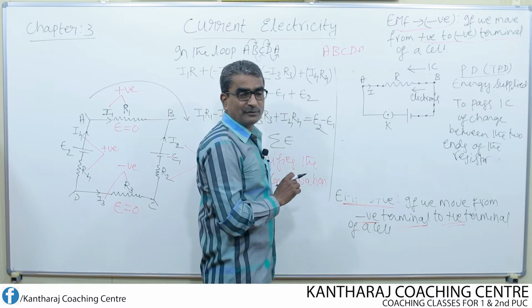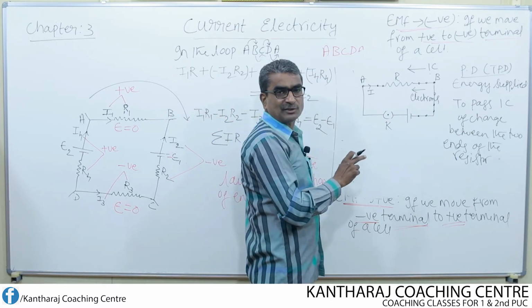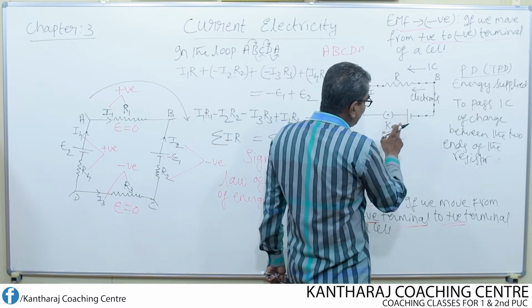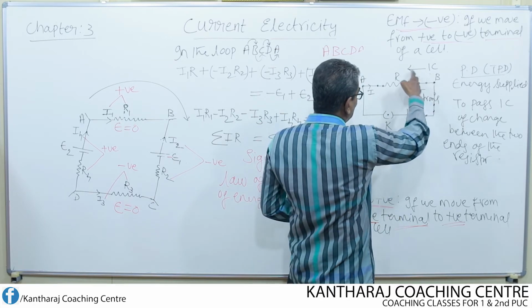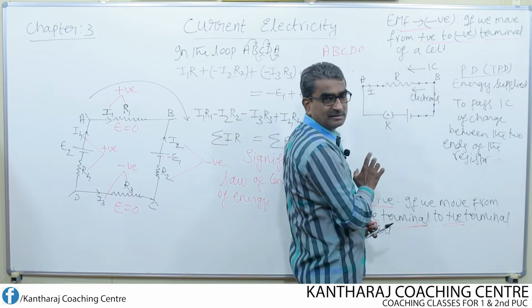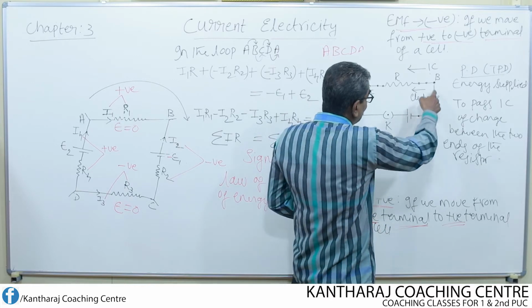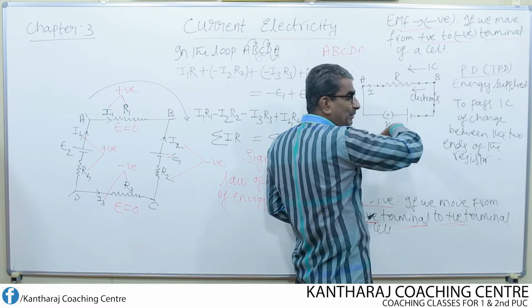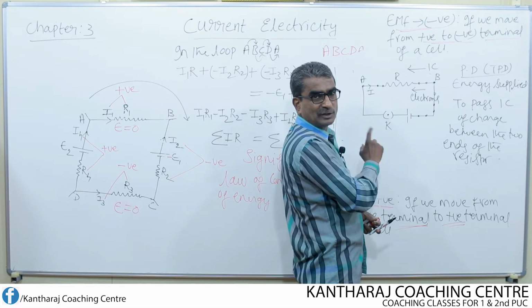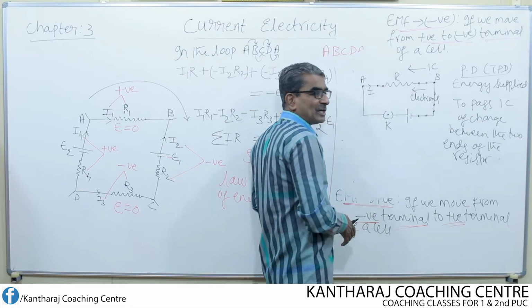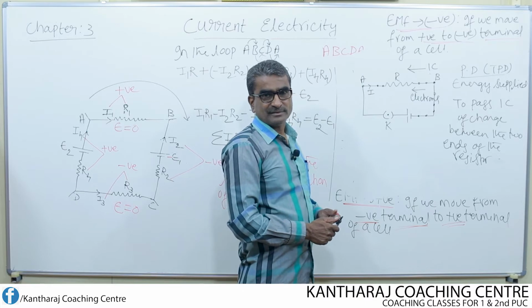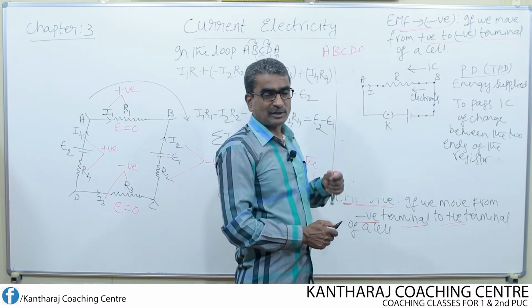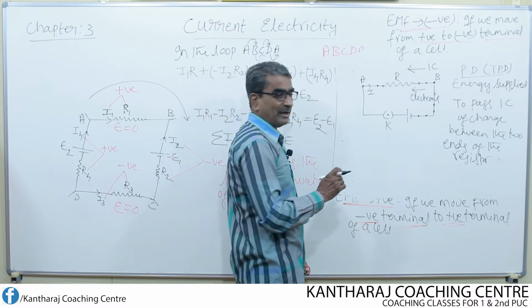What about EMF? EMF is also nothing but energy supplied by the cell to pass 1 coulomb of charge from negative terminal to positive terminal. From negative terminal to positive terminal means around the complete circuit. Terminal to terminal to pass 1 coulomb of charge, how much energy the cell has to supply for the electrons, that amount of energy is nothing but EMF.